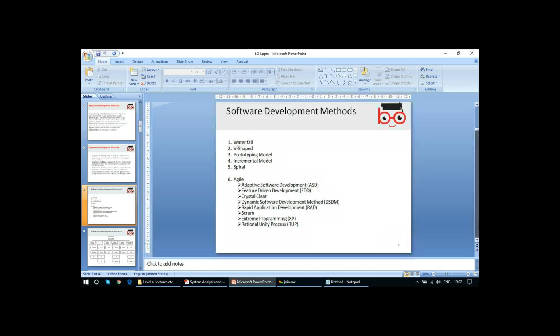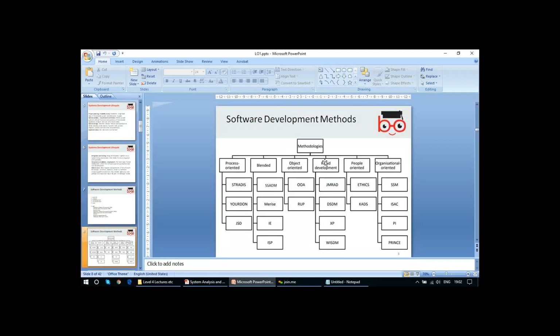So the waterfall, and furthermore, these methodologies have been given a kind of classification. It's basically not a theory that these methods definitely fall into this classification, right?